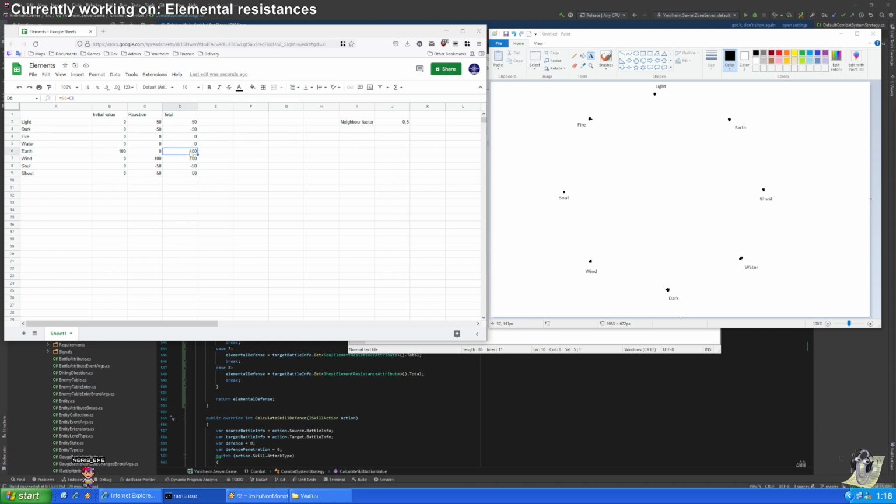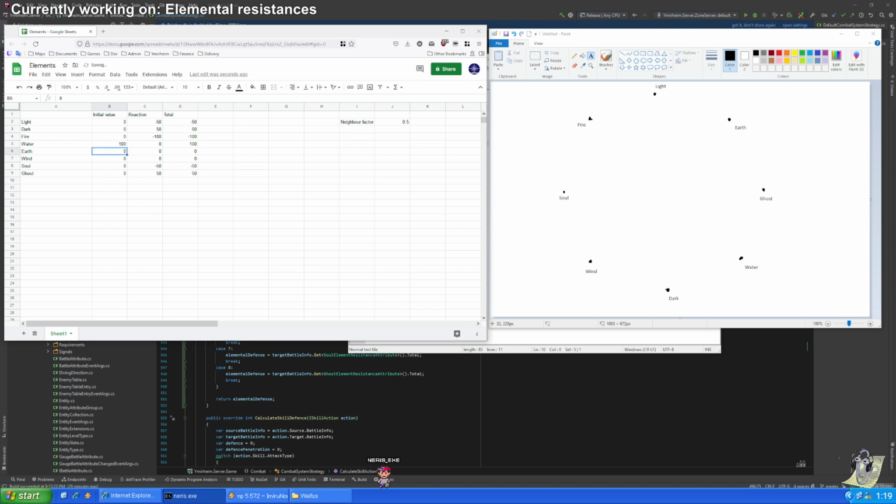So on earth, we have minus 100 wind. Yes. So minus 50 soul, minus 50 dark. Yes. And light and ghost should be 50. Yes.